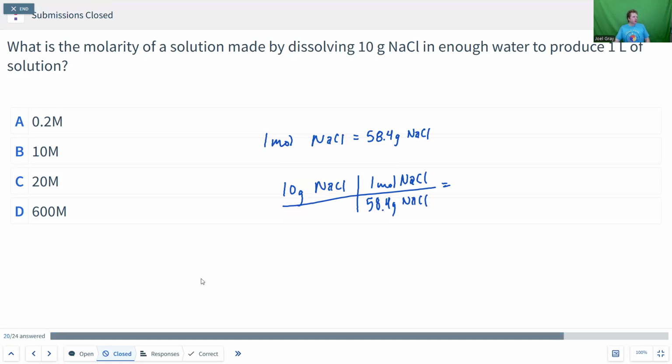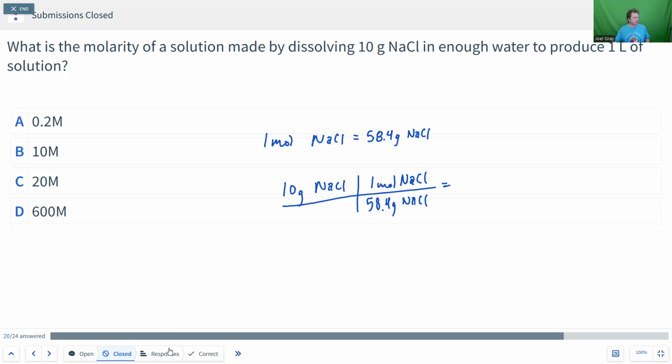All right. 10 divided by 58.4 is 0.172, or 0.17. So 10 divided by 58.4 gives you the number of moles. 0.17 moles divided by 1 liter is going to be 0.17.